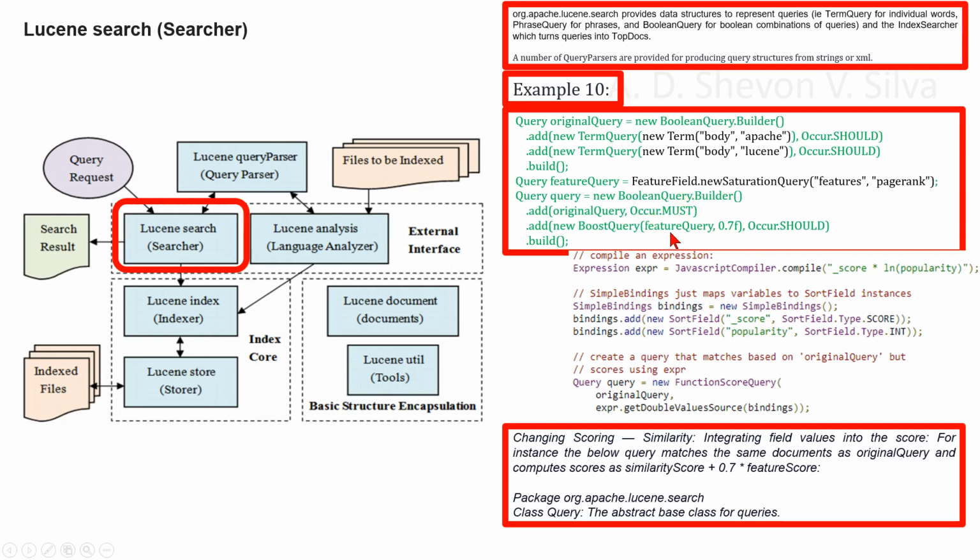For instance, this query matches the same document as the original query, and computes the score as similarity score plus 0.7 multiplied by feature score.